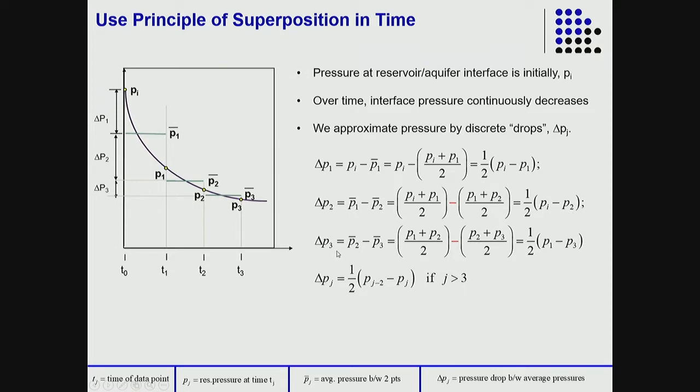Delta P3, well, the pattern changes a little bit. It's 1/2 P1 minus P3. And then finally, in general, delta Pj, for any j that's greater than or equal to 3, is P of j minus 2 minus P of j. Okay, so you need to calculate those pressure drops.